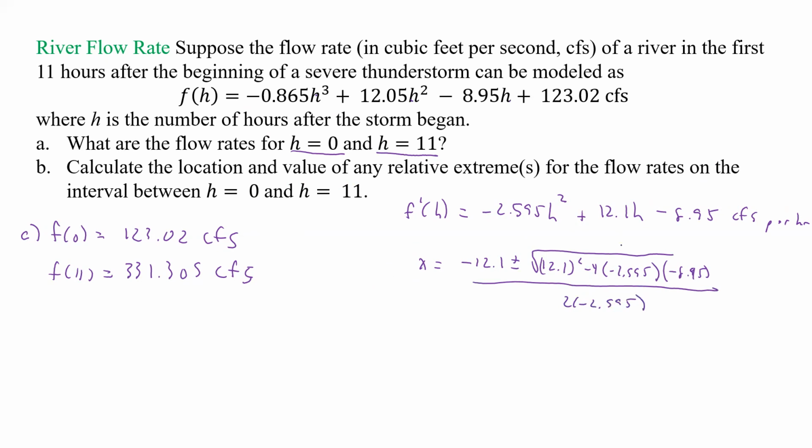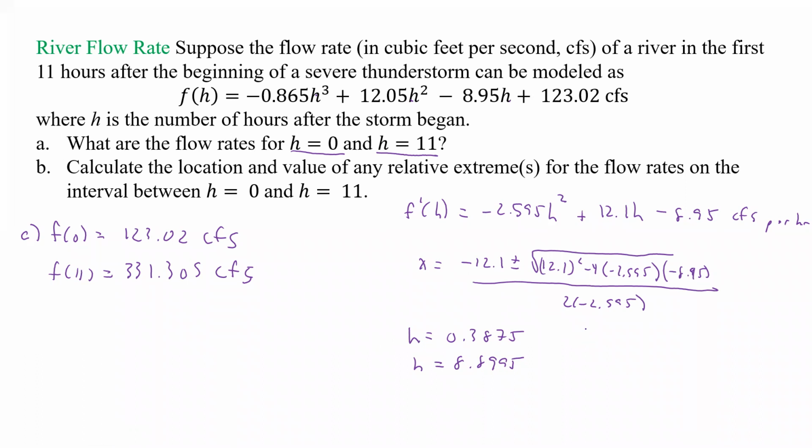I'll plug that in my calculator. All right, so I typed it in and it's really h, so I put it back as h. So we got 0.3875 for one and 8.8995 for the other.